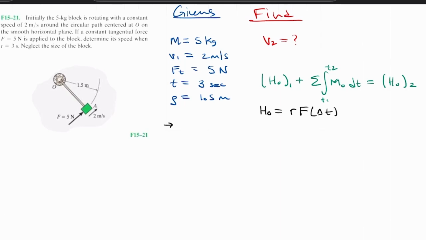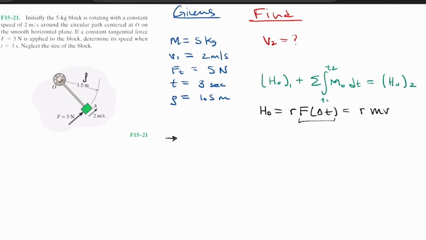Or we can use the other definition, where this is also equal to the same radius times momentum. So it could be a force times distance, a force times time. So this could be R times mv, where of course our R will be our radius of curvature for this problem.